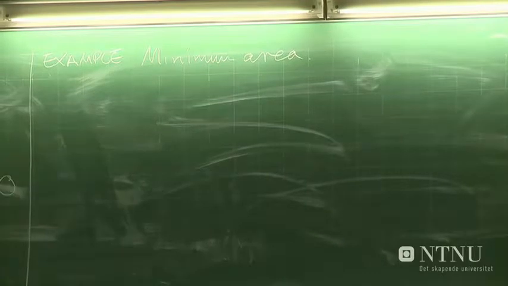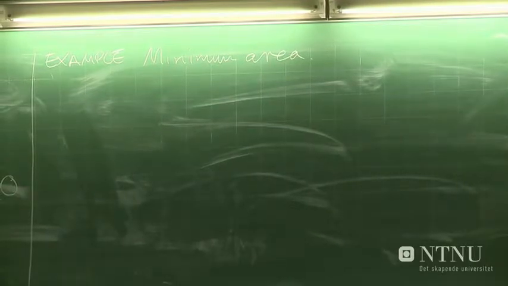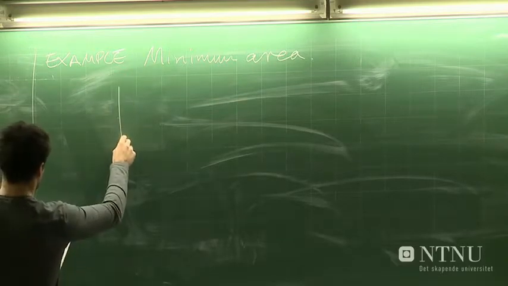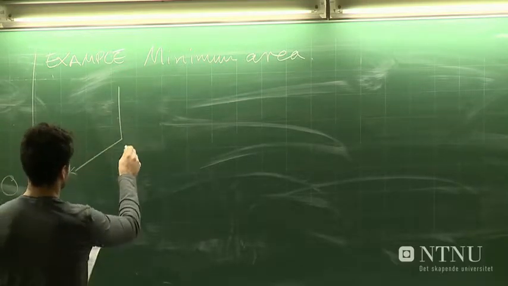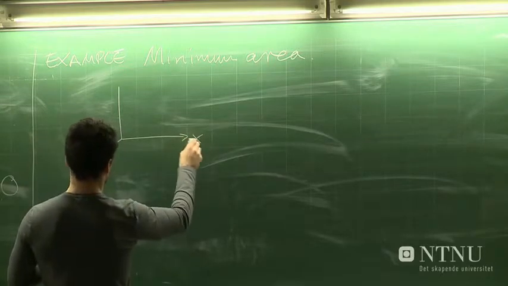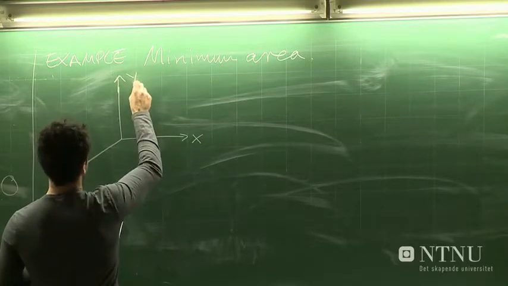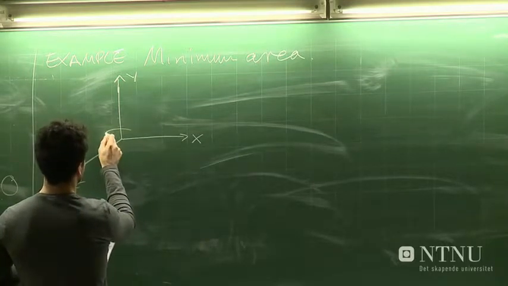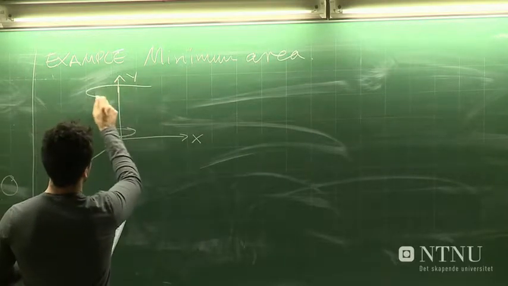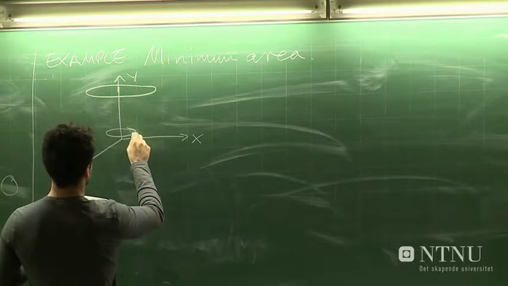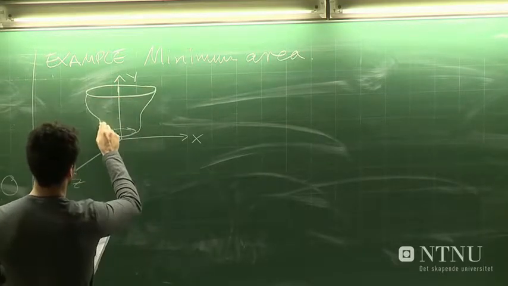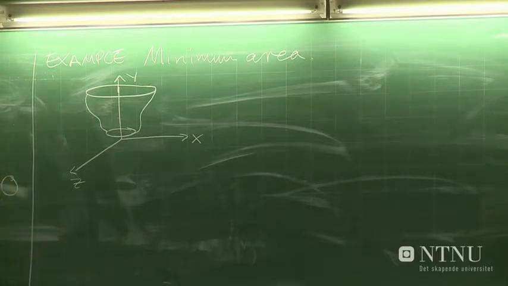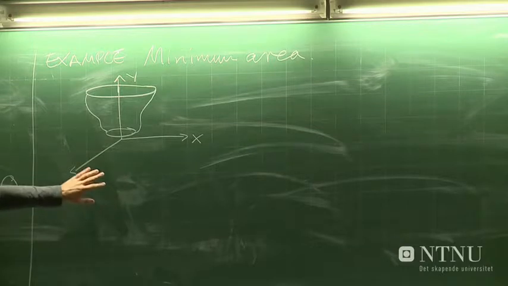And the example is to find the minimum area of the following object. So imagine we have three-dimensional space and we have some object here.